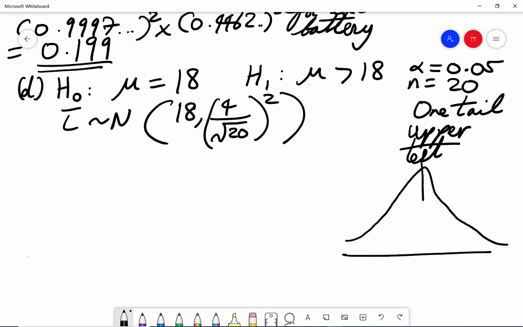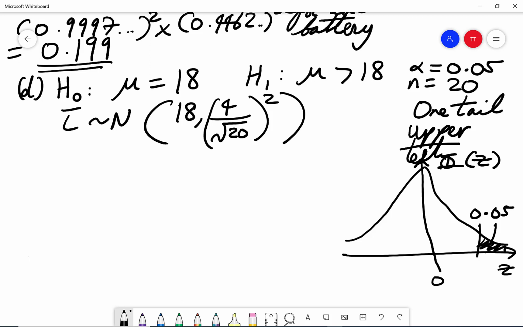We've got a standard normal curve here. This is Z, this is phi of Z. This is 0, and we've got some value of Z we don't know. But we know that the probability is 0.05, and because it's greater than, I'm shading towards the right hand side. So I need to work out what this value is.